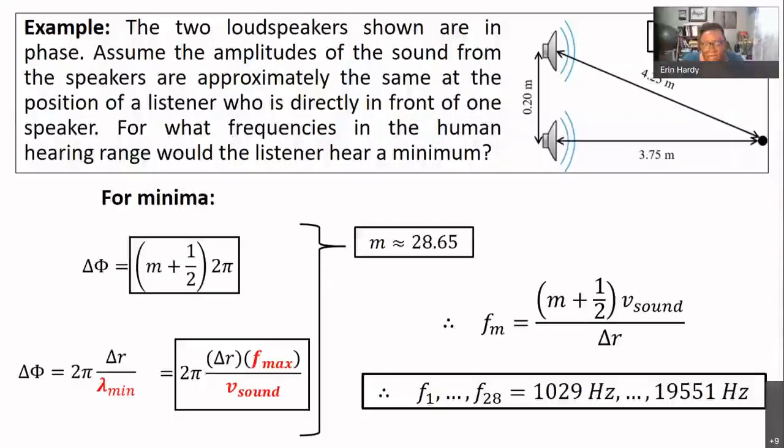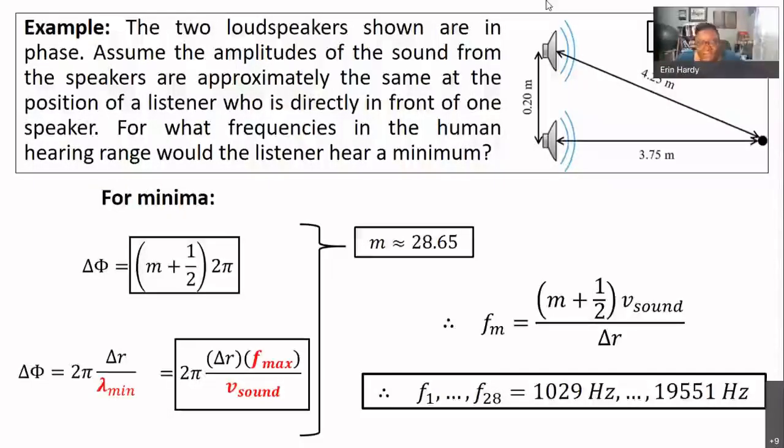So back in the second half of chapter 16, the traveling waves chapter, we saw a range that represented the lowest frequency that a healthy human ear can pick up and then the highest frequency on the opposite end. And it was about 20 hertz on the low end, about 20,000 hertz on the high end.